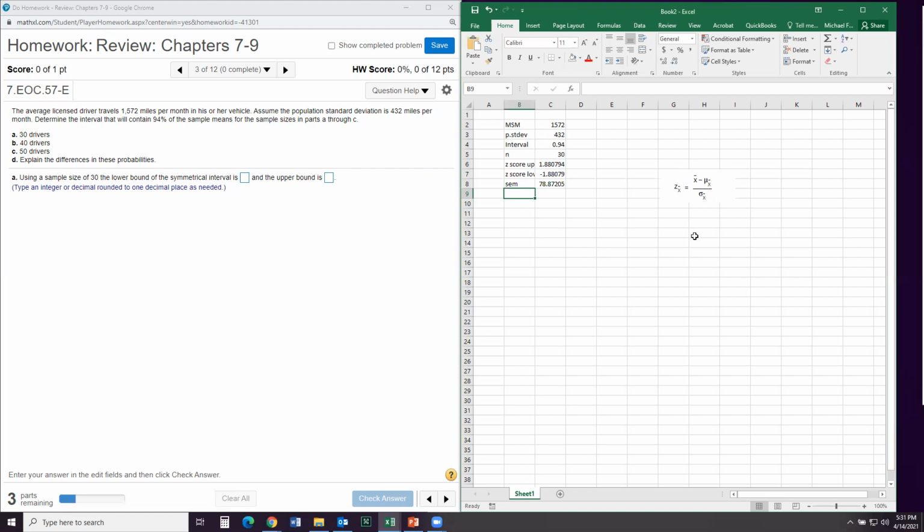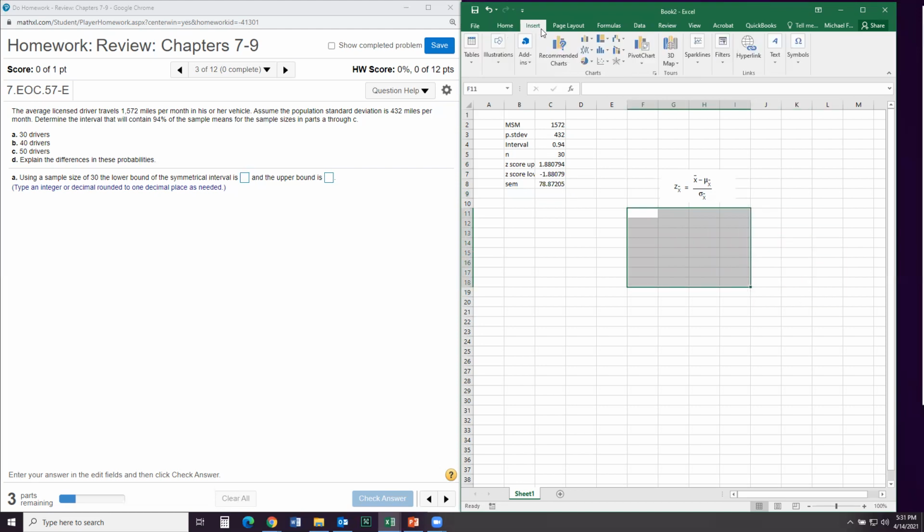I don't have any easy way to do that in Excel. I guess I could insert a text box. But again, all we're doing to solve for x bar is we're going to do this times this, and then we're going to add this to this side, and we'll be left isolating x bar over there.